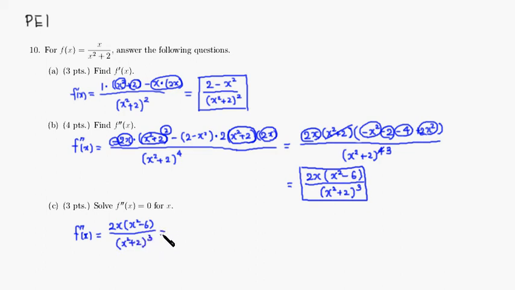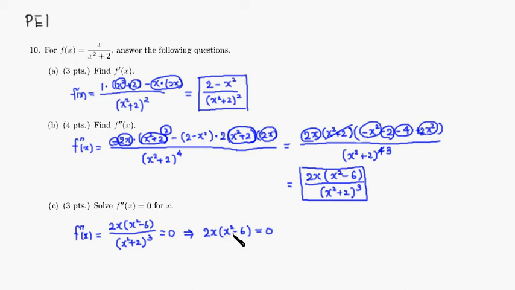We set that equal to 0. It looks kind of bad, but all you really have to do is make sure that the numerator is equal to 0. So this boils down to 2x times quantity x squared minus 6 equal to 0.